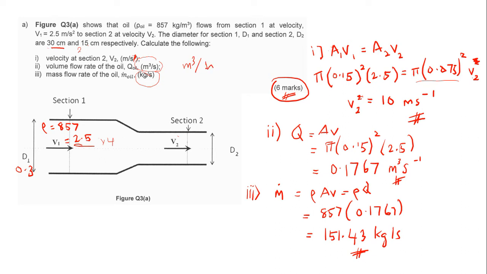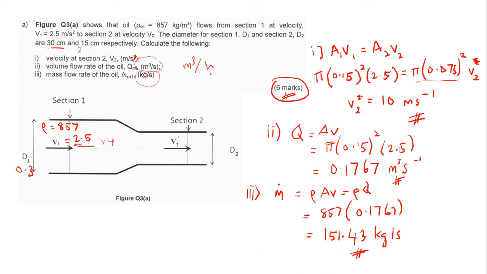Whatever unit you write must depend on the question. If they did not mention anything, give the standard unit, meter cube per second. If they give you a specific unit, then just follow the specific unit that they ask you to give.